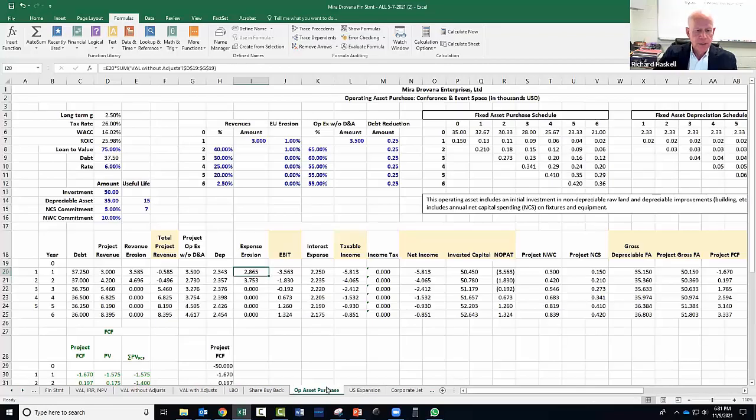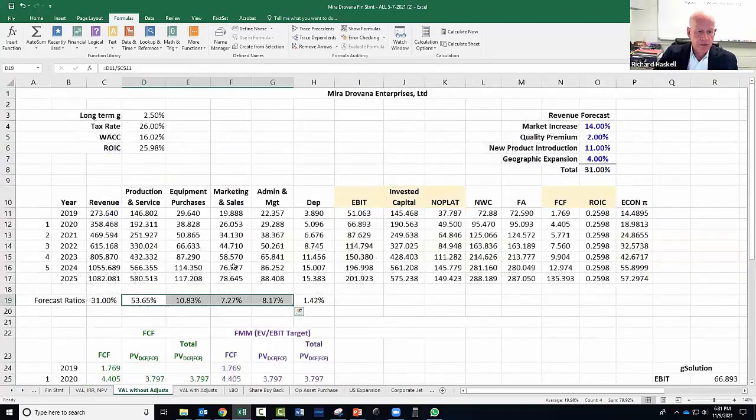So I'm going to go back over here, my expense erosion, and I'm now going to take the revenue erosion times the forecast ratio that goes along with that revenue. Well, that's the only realistic way I could do that because I don't know what the actual expenses were from looking at the value without adjustments.